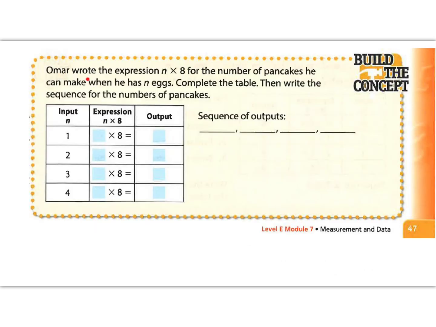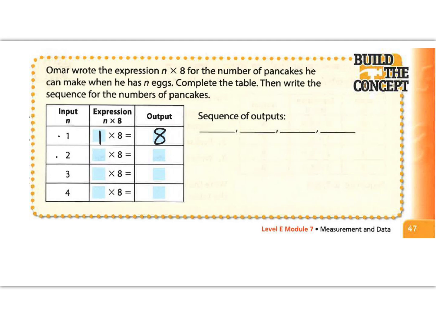This says, Omar wrote the expression n times 8 for the number of pancakes he can make when he has n eggs. Complete the table, then write the sequence for the number of pancakes. So the input is n, number of eggs. The expression is n times 8, and then we do the output. So n times 8, n is 1 in this case, so 1 times 8 is 8.